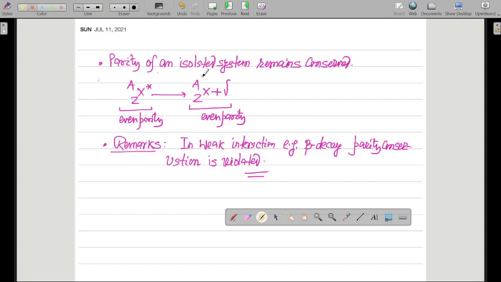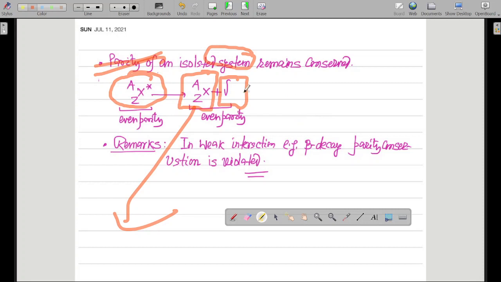Please remember that we are talking about the entire system. If you take the parity of this and the parity of this individually, then parity will not be conserved. We are talking about the system. If you look at this nucleus and this gamma ray individually, then the parity will not be conserved.